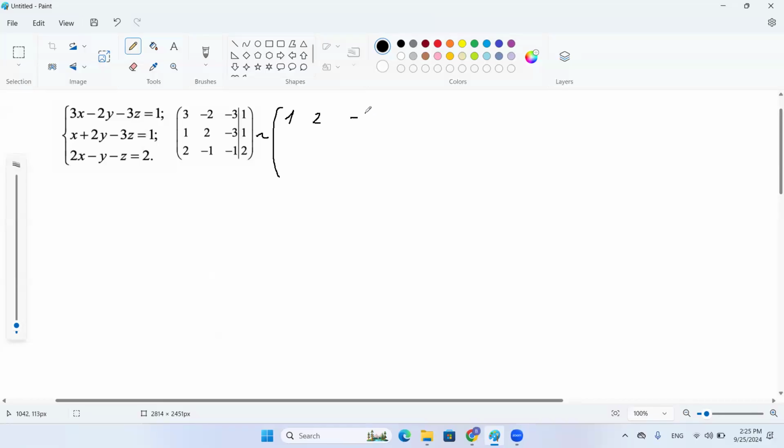Why? Because we have one before x, and it will be convenient for our calculations. So without skipping any steps.